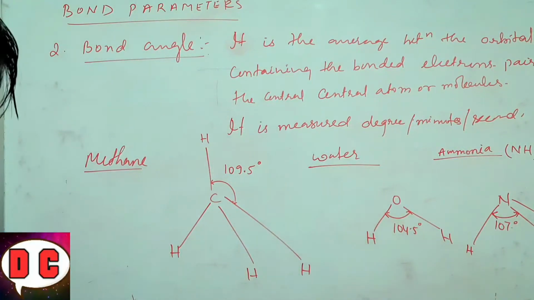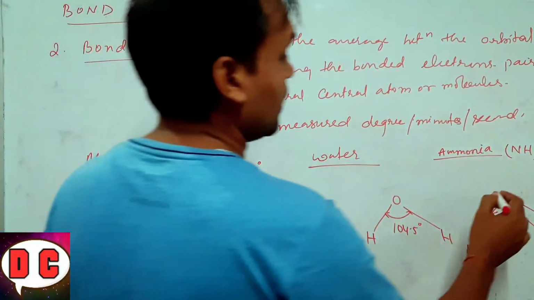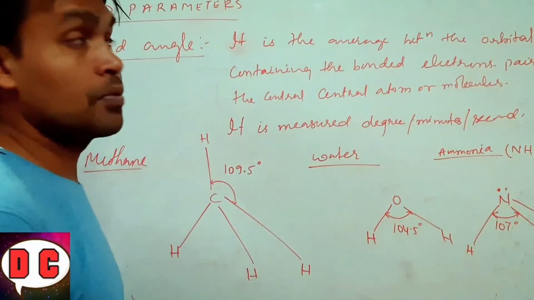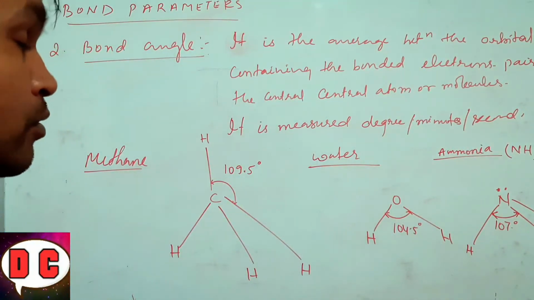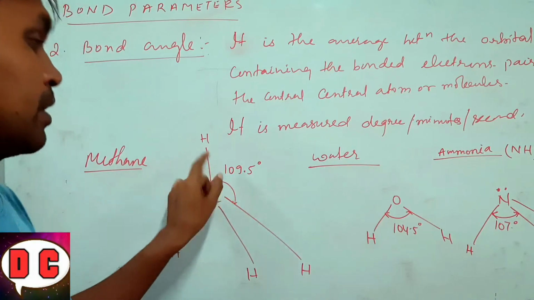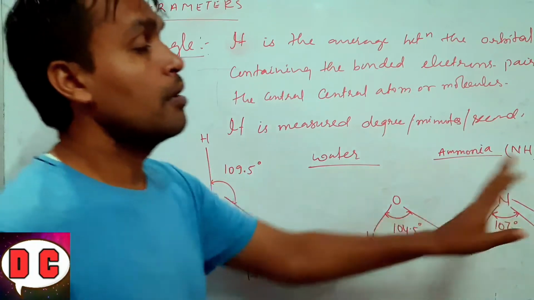You have got the idea about bond angles. Bond angle is the average distance between the two bonded electron pairs around the central atom. Around this central atom only we are measuring the bond angle.